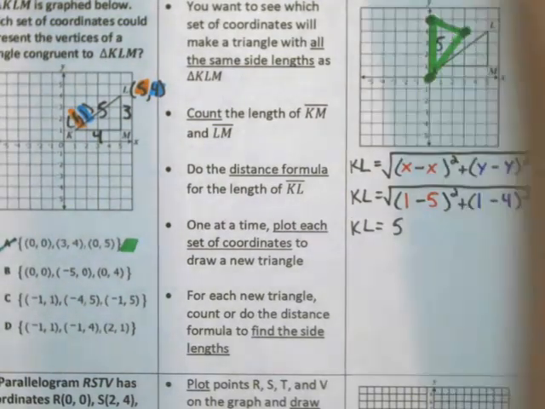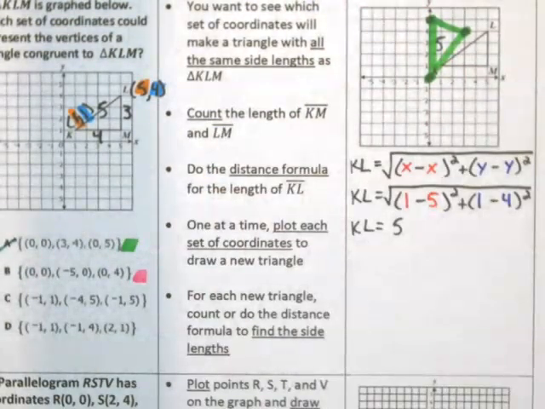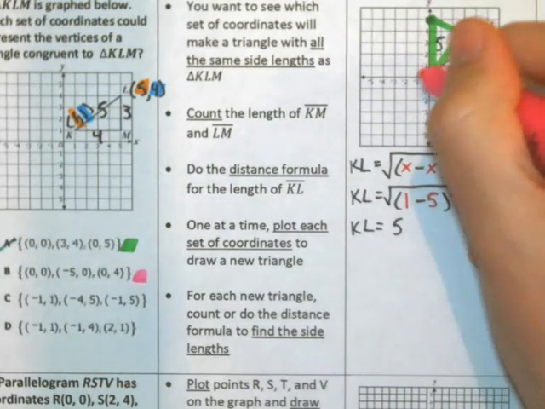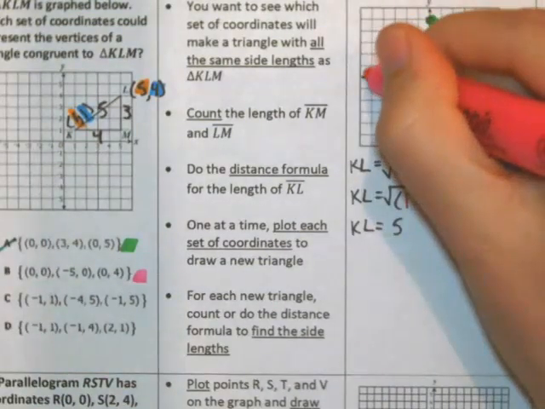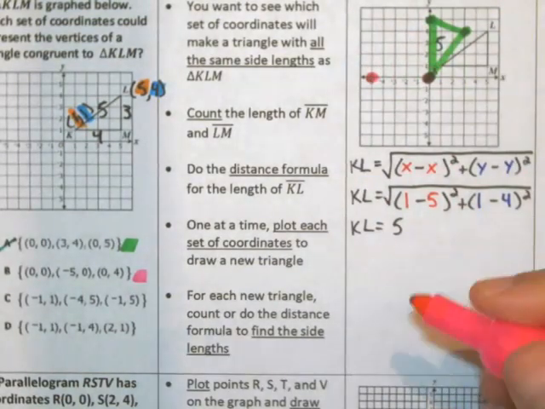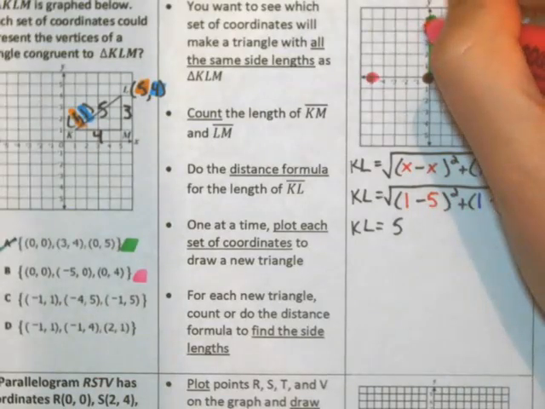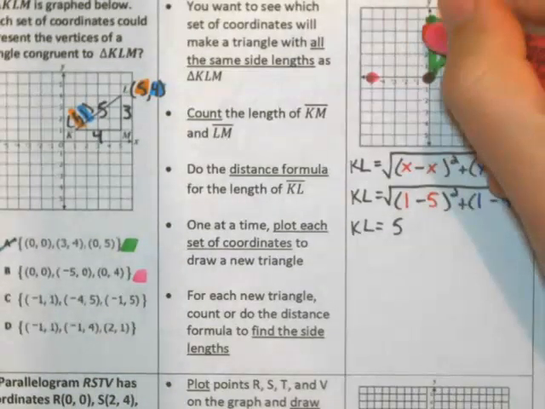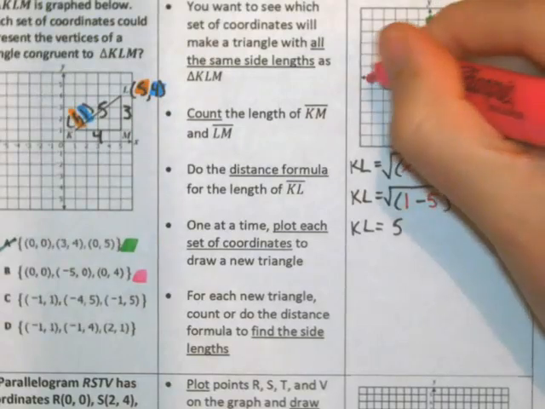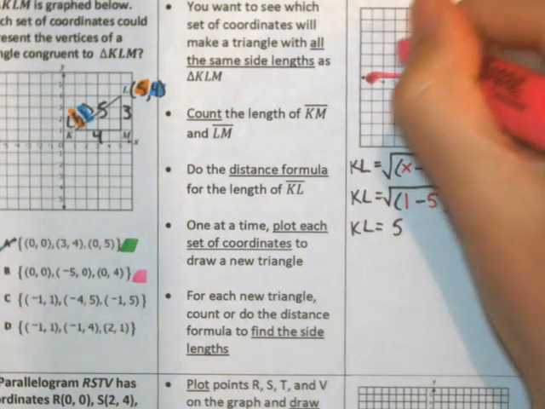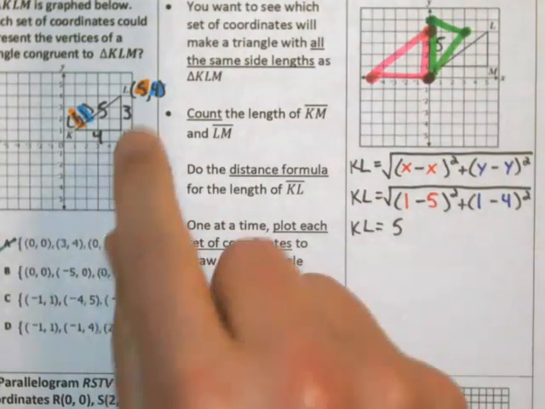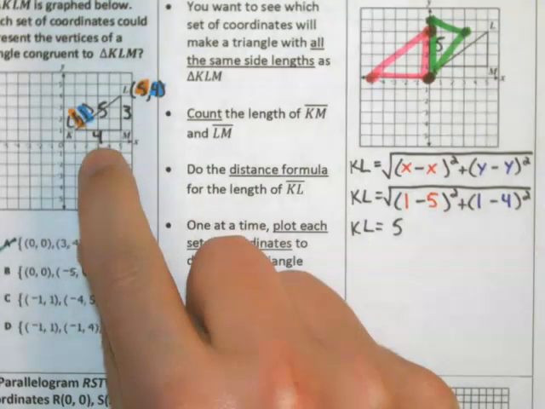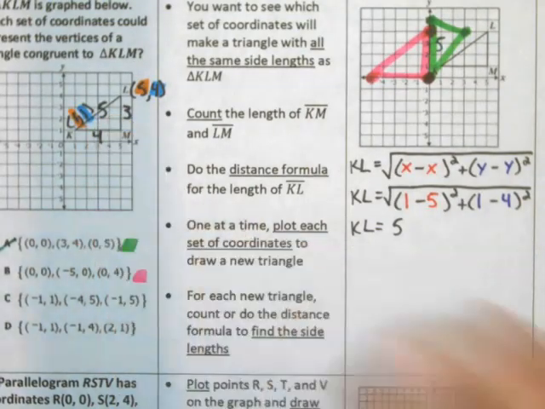The second set, I'm going to use pink. So this set also uses 0, 0, and then negative 5, 0, and then 0, 4. Remember, we're looking for a triangle that has obvious sides of 3 and 4, and then a distance formula side of 5.